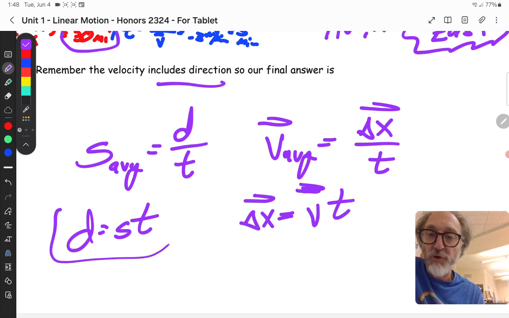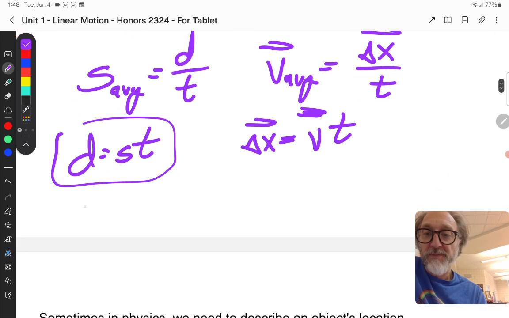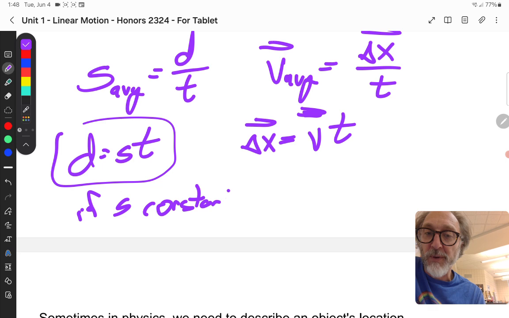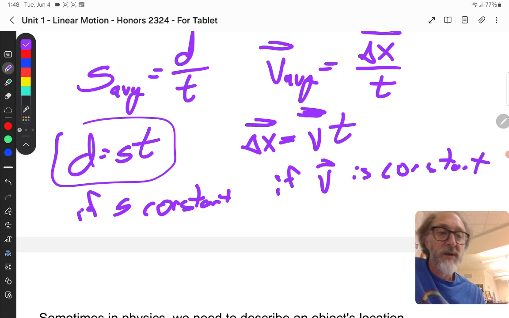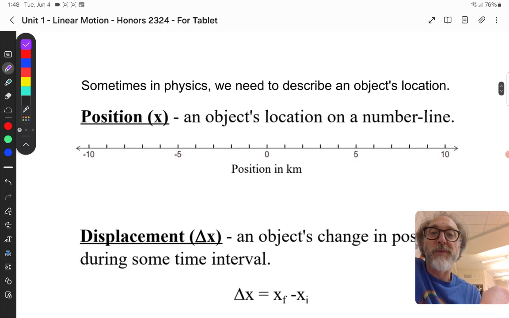This works if your speed is constant, i.e. if you're not speeding up or slowing down. And this one you can use if your velocity is constant. If you don't speed up or slow down, then it's distance equals rate times time, just like you learned in algebra.